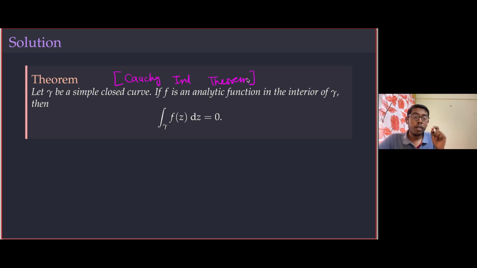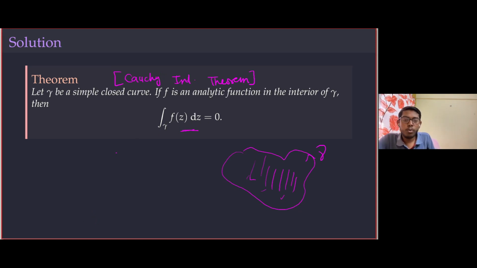It is one of the main ingredients in complex integration. It says that if gamma is a simple closed curve and f is an analytic function in the interior of gamma, then this integral vanishes. That means if this is my gamma and this is the interior of gamma where f is analytic, then this integral is 0.